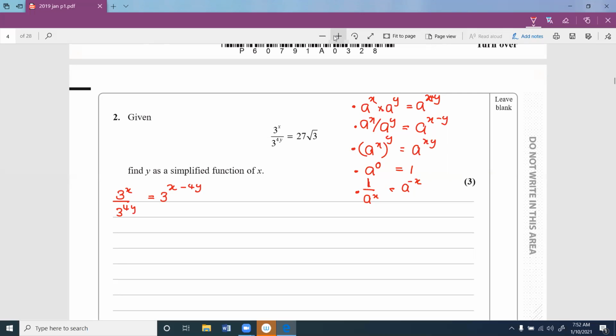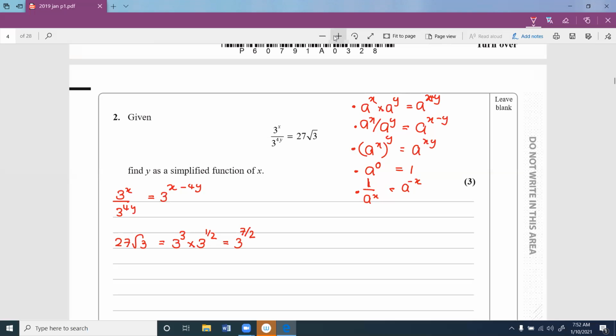Then I'm writing the right hand side. 27 root 3 is 3 to the power 3 into root 3, which you can write as 3 to the power half. With this multiplication, you can write 3 to the power 3 and a half. 3 and a half, I write as an improper fraction, 7 over 2.